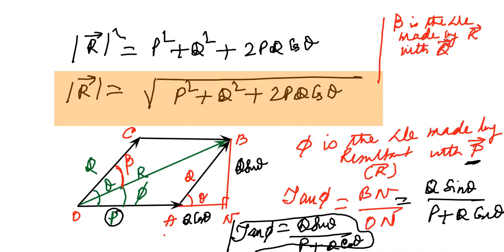So how will it change? Just let me tell you the approach behind it. Over here, this is my Q and this is the P. The Q will be replaced by P. So tan beta will be equal to, just interchange the Q's and the P's. Interchange the position of Q and P and you will find that you will get the answer. That is, tan beta will be equal to p sine theta divided by q plus p cos theta.